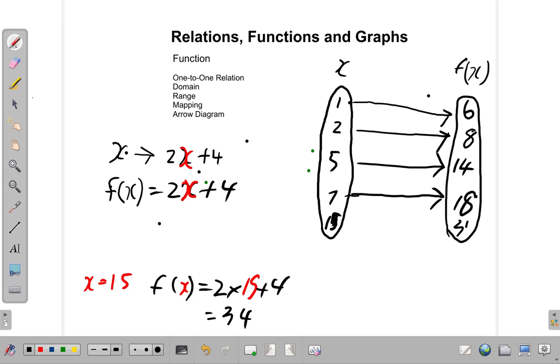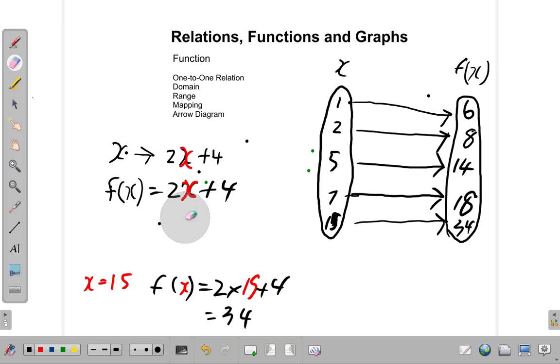So we have 34 here, and 15 is mapped onto 34. Now we see that each element in the domain is mapped onto one and only one element in the range.